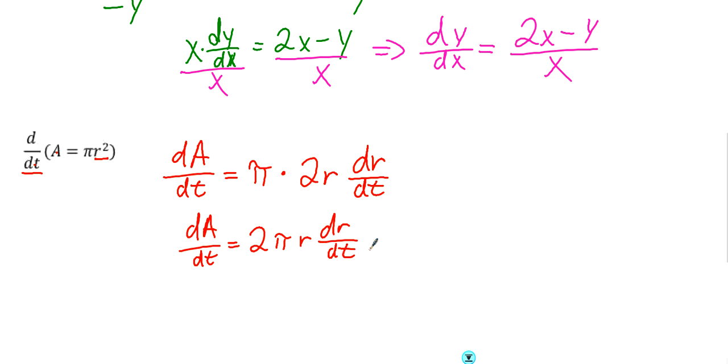So that should also look familiar to you. 2 pi r is circumference. So you're going to find as we go through some of these derivatives, especially implicitly, a lot of those equations that we learned in elementary school and middle school for area, volume, and surface area basically come from the calculus. You'll see it more and more, especially volume to surface area, and we'll talk more about that when we get there.